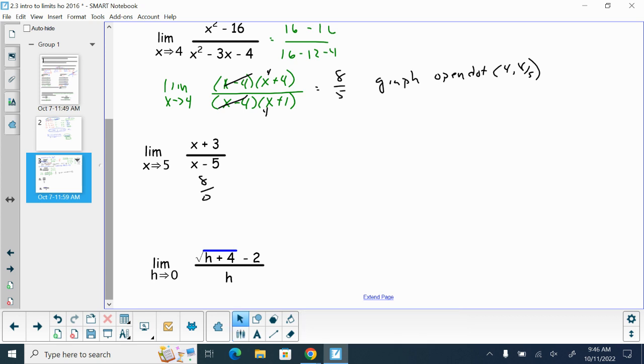But as I get closer to the value of 5 here, what happens is my numbers are going to get really, really big, or really, really small. And I'm going to go towards positive or negative infinity. So our solution is a positive or a negative infinity.